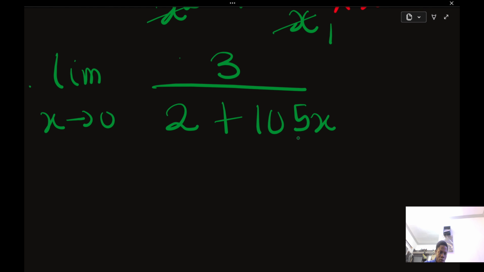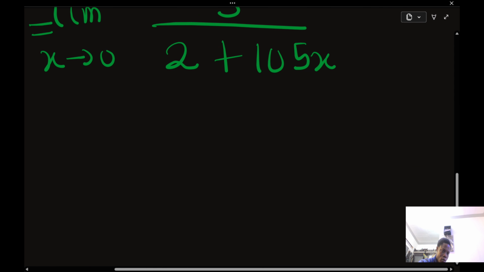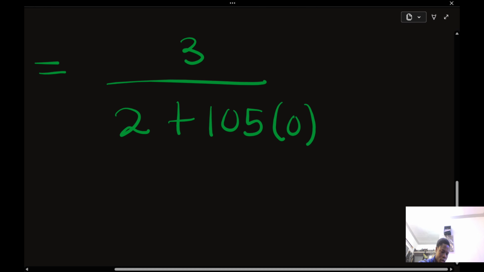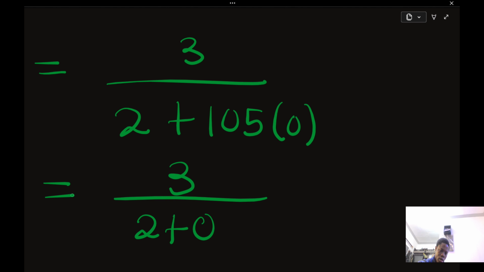All right. So we can now substitute 0 into the expression. So let's bring our equal sign as we are answering the question. Here will become 3 over 2 plus 105 multiplying 0. So we are now going to get 3 over 2 plus 0.